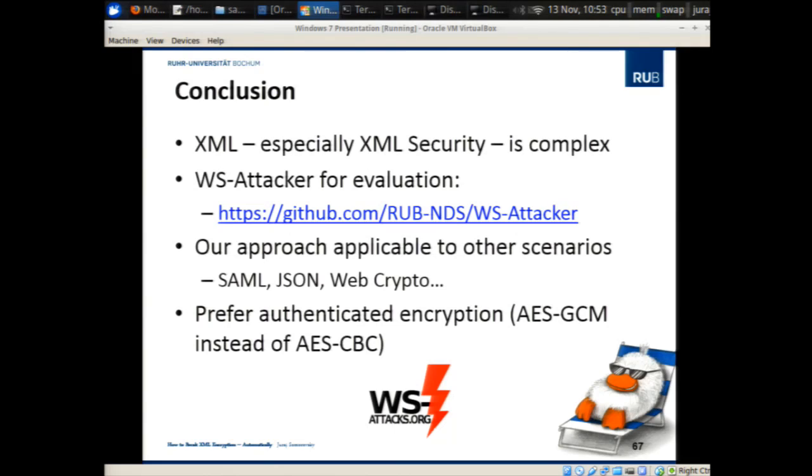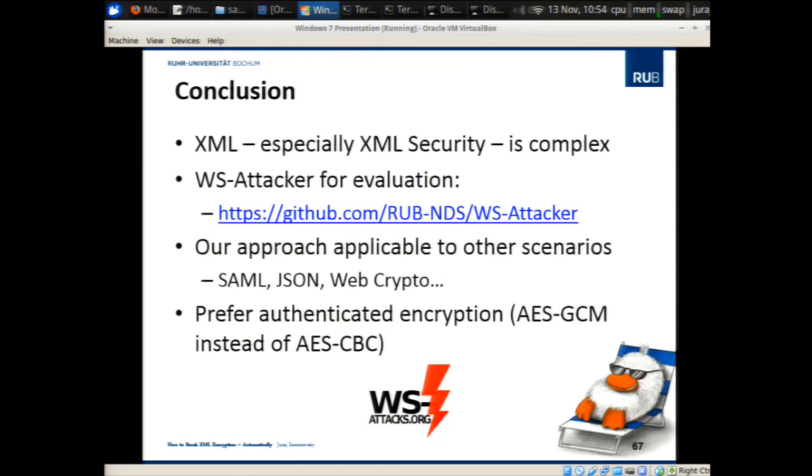If you use XML Encryption and XML Signature in your company, you can use WS-Attacker for its evaluation. WS-Attacker is applied to SOAP-based web services, but you can use its libraries to attack other XML-based frameworks as well, or apply the ideas behind the attack to JSON or the Web Crypto API.